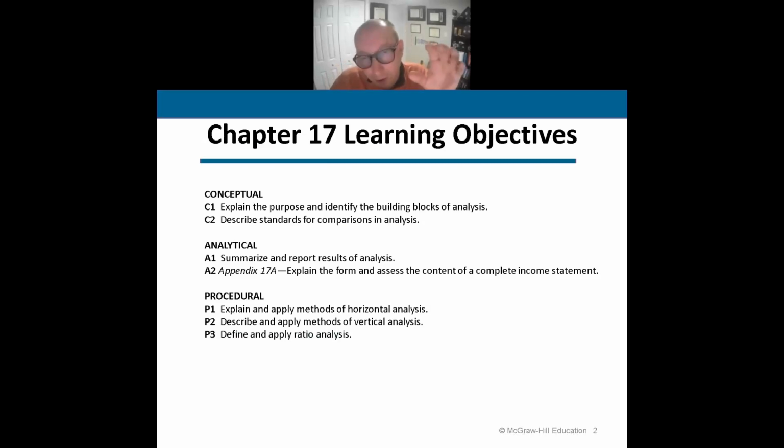I'm going to talk about a couple of different methods that we as managers use to analyze the financial statements. We need to interpret the financial statements quickly and easily, and one way we do that is through the use of ratios. Oh my God, Dr. B, I thought we were done with ratios back in Principles 1.